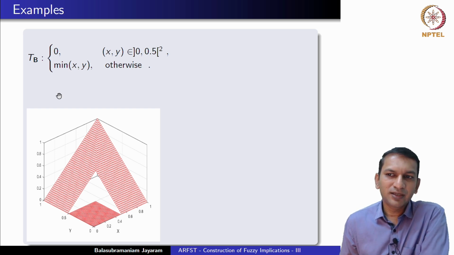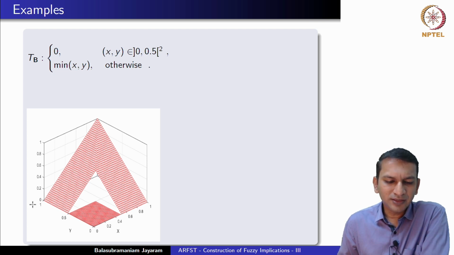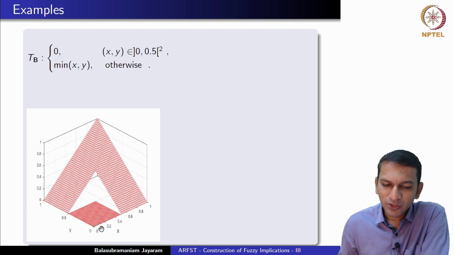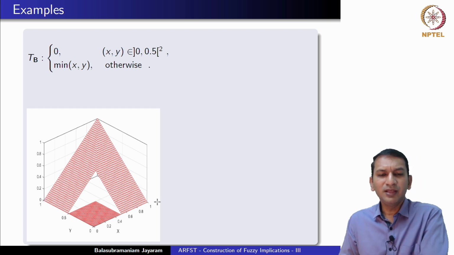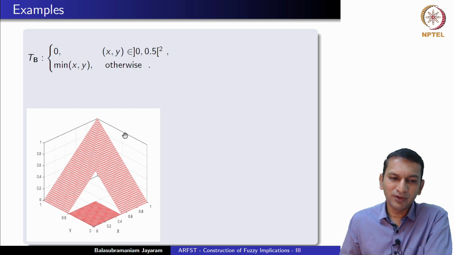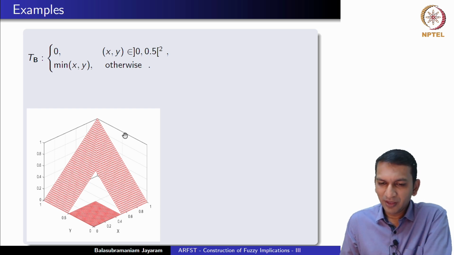Before looking at the corresponding R implication, let's only look at what its natural negation is. For a T norm, the natural negation is the boundary of its 0 region. So you see that at 0 it is 1. Between 0 and 0.5 it is actually 0.5, and from 0.5 to 1 it is 0. So if you were to draw this, this is how it will look. This is the natural negation of this T norm.